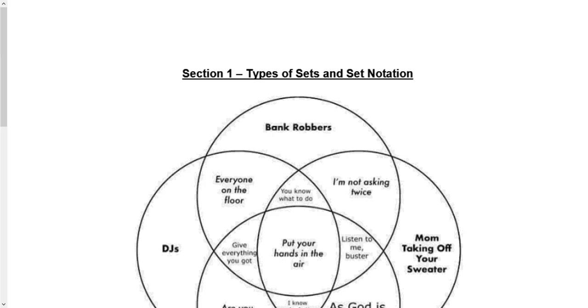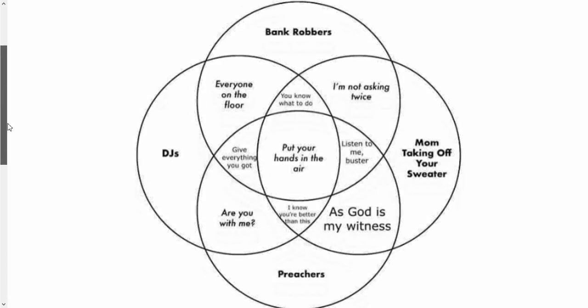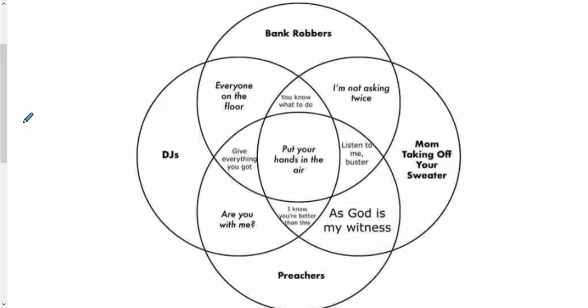So there are different types of sets and set notation. This is just a nice Venn diagram with a little introduction. You can take a good read at it. The biggest problem with a 4-point is that there's no real connection between bank robbers and preachers. Obviously, there shouldn't be anything directly related between bank robbers and preachers.